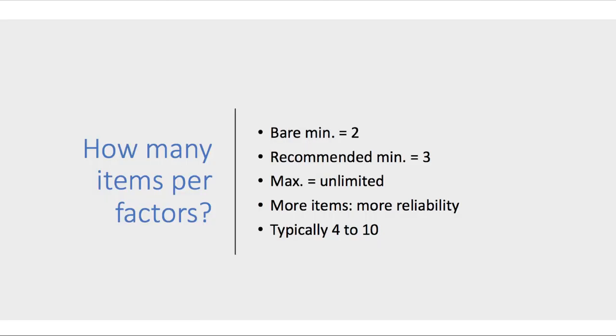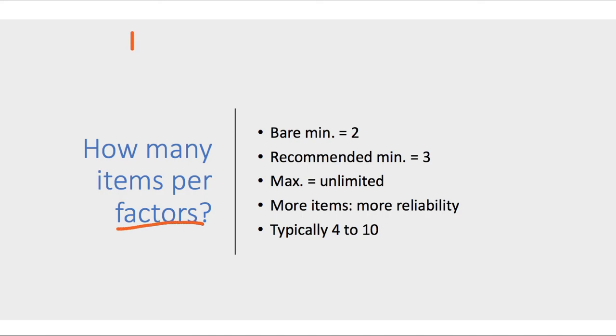And then how many items per factor? The bare minimum is 2 and the recommended is 3. The max is unlimited, and more items means more reliability. Typically, it contains 4 to 10 different items for each factor.